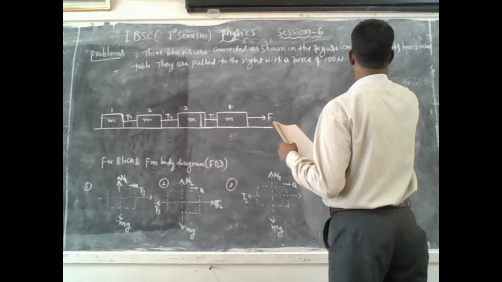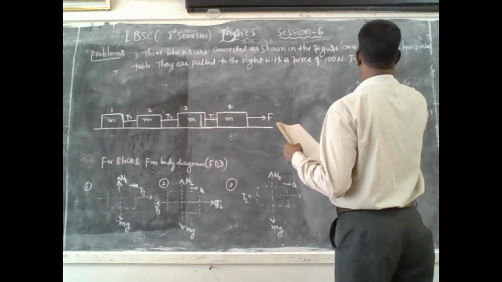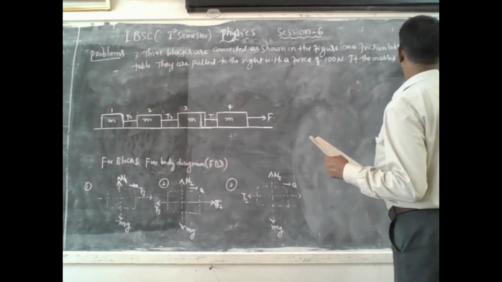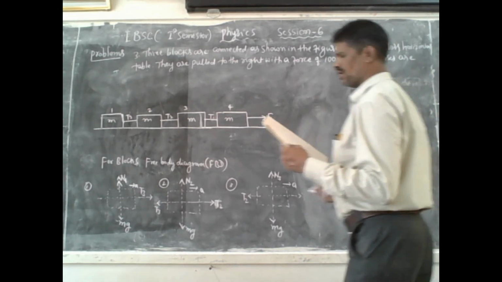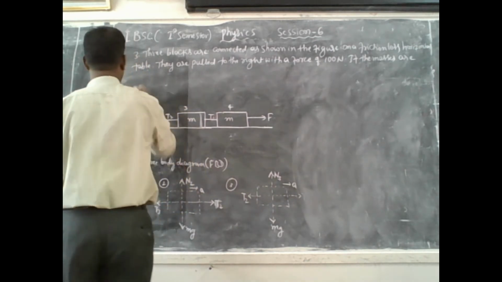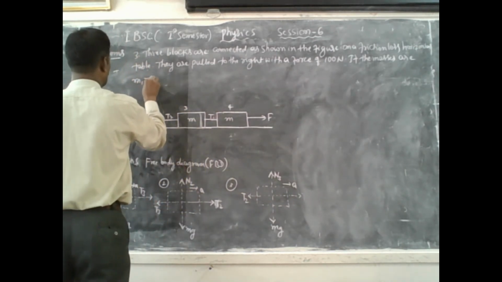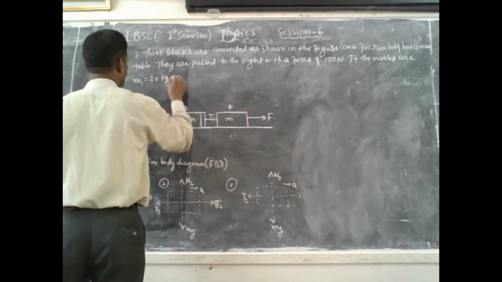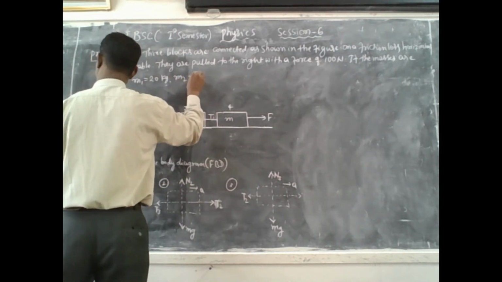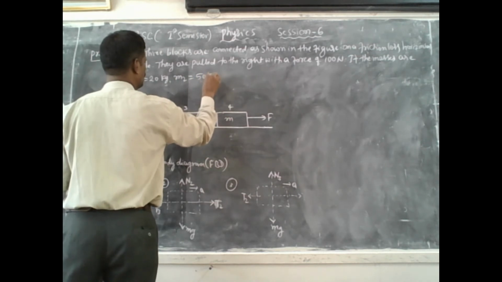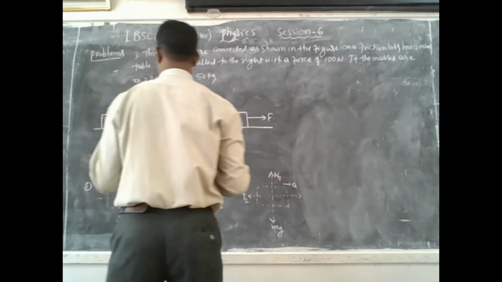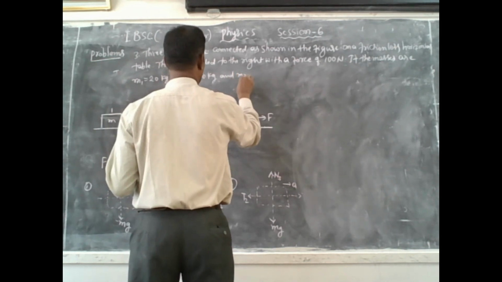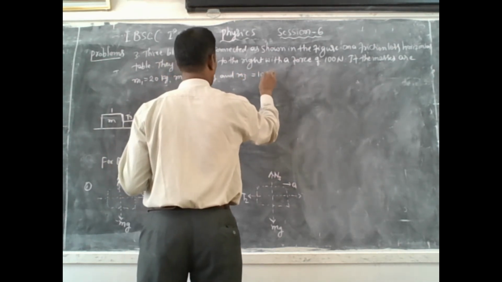If the masses are M1 is equal to 20 kg, M2 is equal to 50 kg, and M3 is equal to 100 kg.